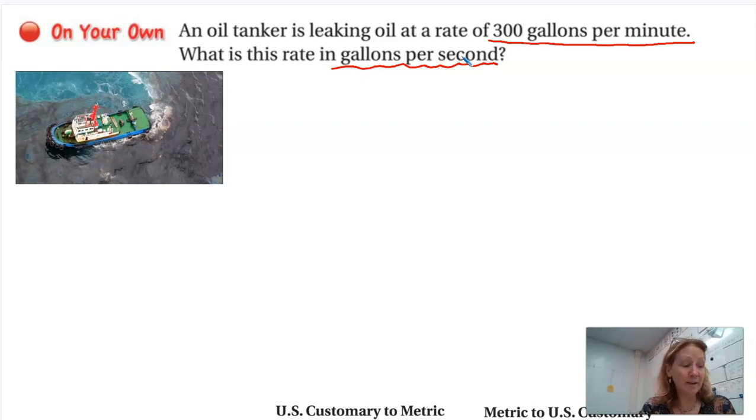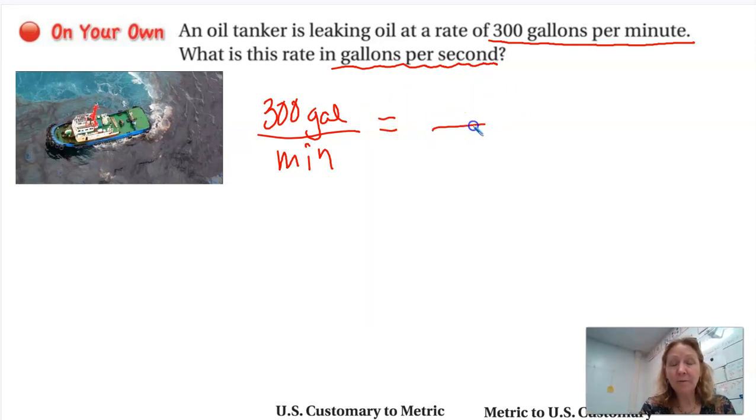And I'm going to start by writing the rate, 300 gallons per minute. And I want to know that it's equal to some blank number of gallons per second. All right, so obviously the conversion factor that I need is minutes to seconds.